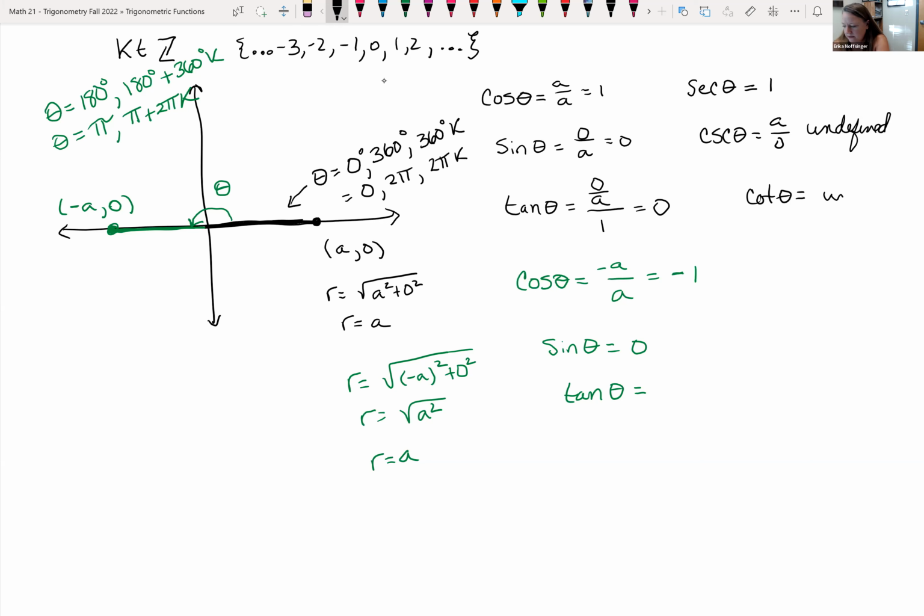Cotangent theta, this is the undefined. And I just noticed that when I did the negative x-axis. So tangent theta, this is 0 over a, which is 0. If we look at reciprocal of cosine theta, that's secant theta. This is equal to negative 1. Cosecant theta, reciprocal of 0 is undefined. And cotangent theta, this is also undefined.